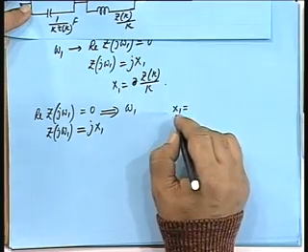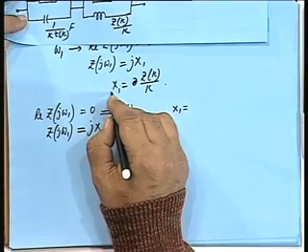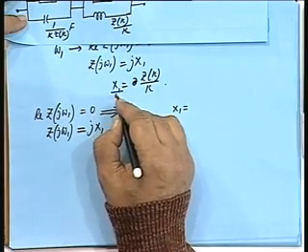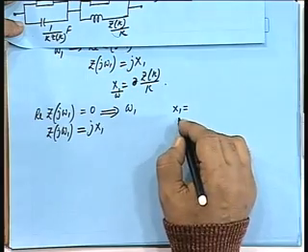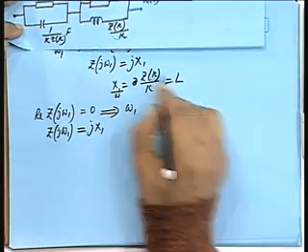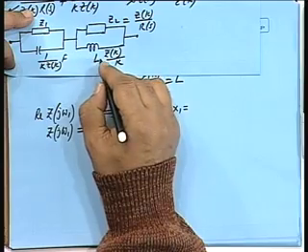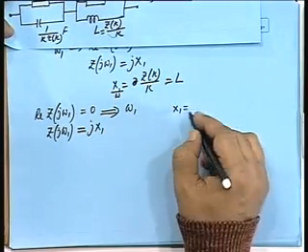X1 represents the reactance. So X1 by omega is the inductance, that is equal to Z(k) by k. Okay, X1 by omega we calculate as this inductance L. Okay, that is Z(k) by k.